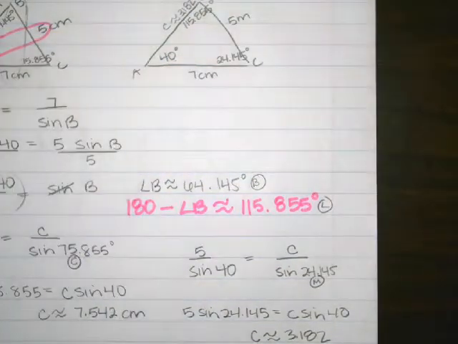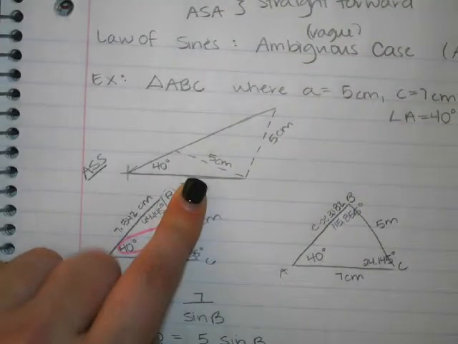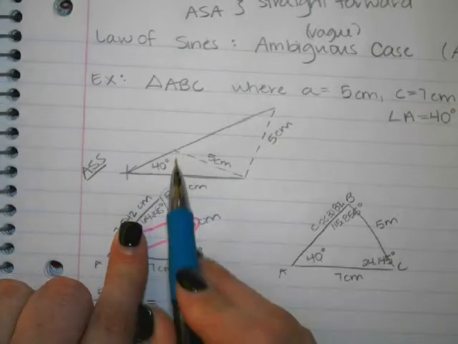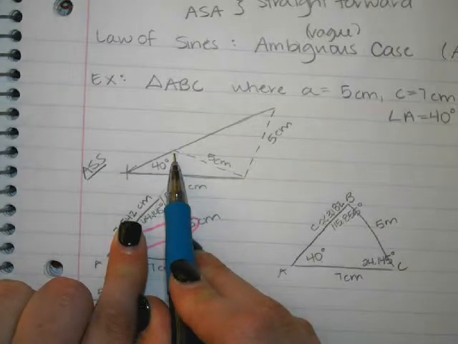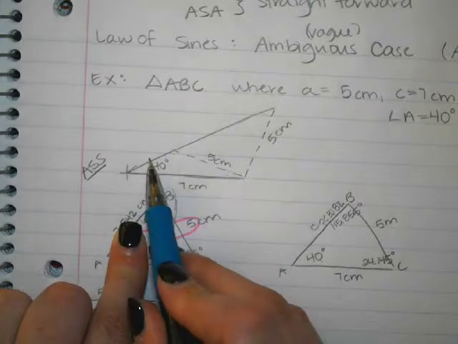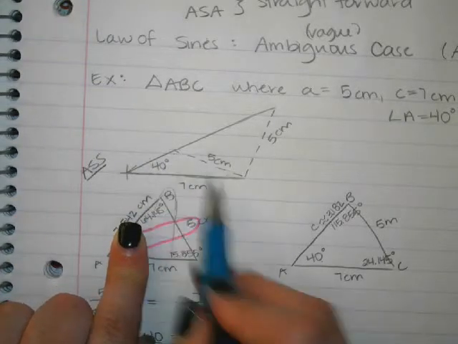Alright. Okay, so what that means, if you look at the picture that we drew, is that this is the second triangle right here. So you can see that this would be the angle B of 115 degrees, this would be angle C of 24, this would be that little side of 3.182. Can you guys see how that fits the little triangle?